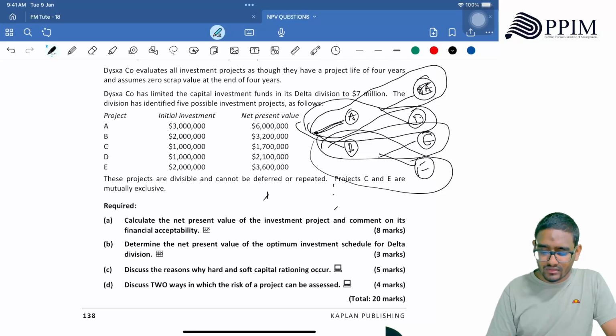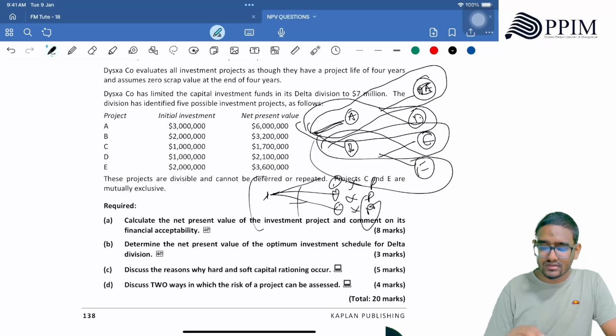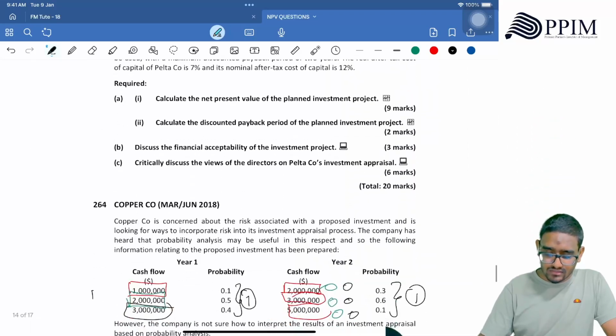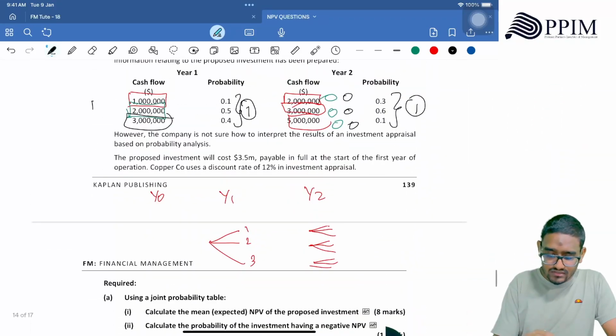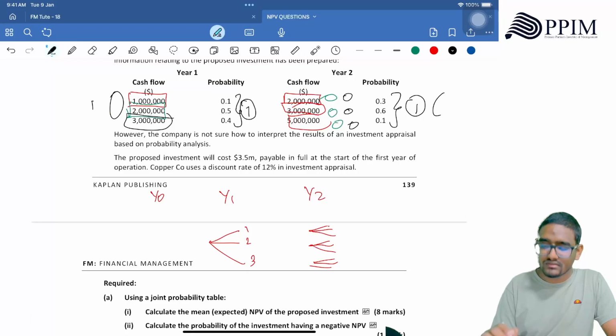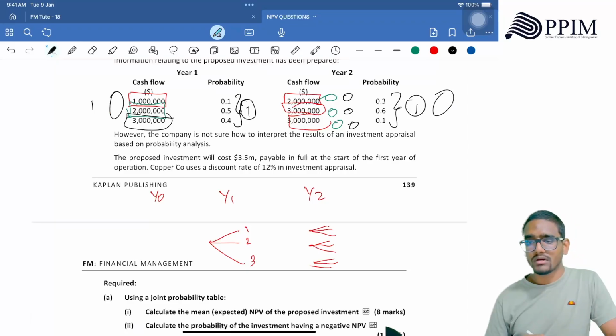Then even if you draw a tree diagram, it's always going to be 3 branches only. So you can simply take the second year cash flow multiplied by probability, this multiplied by probability, this multiplied by probability, and then add it to this. So you'll have only 3 permutations. But in this case, you have 3 here and you have 3 here. That will give you 9 permutations.